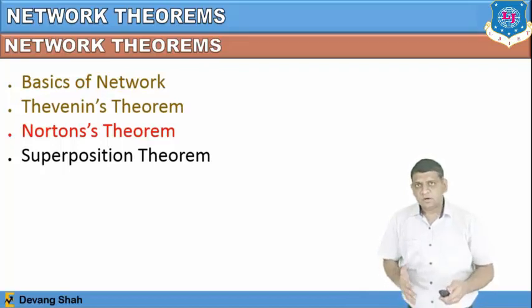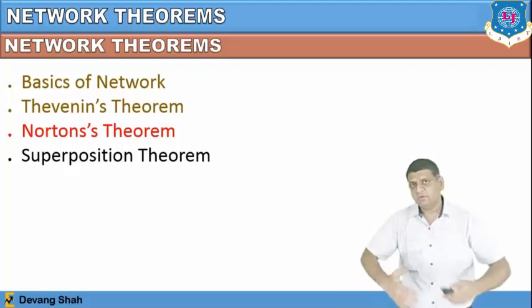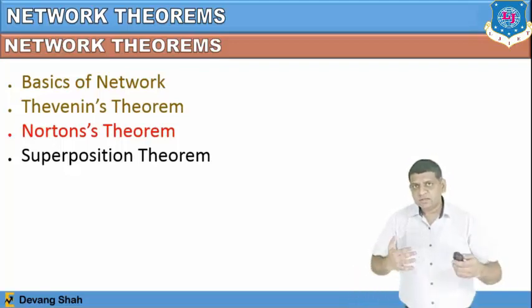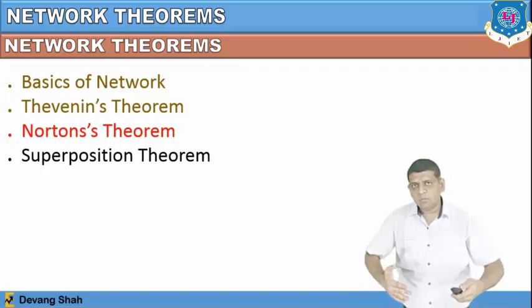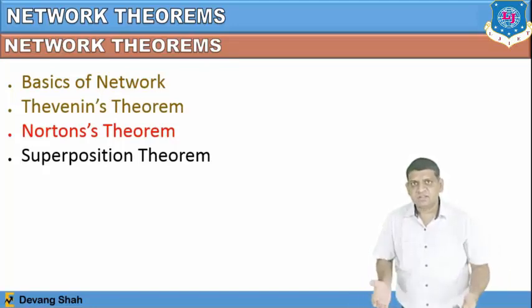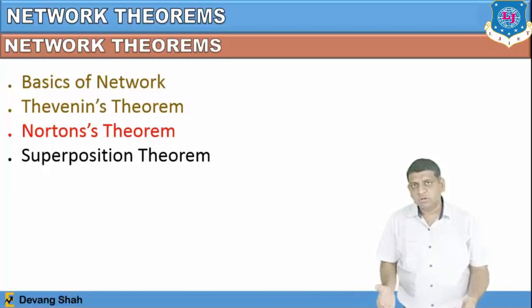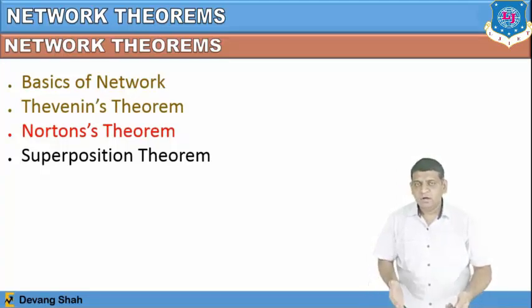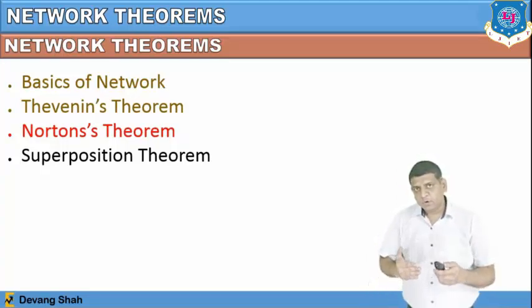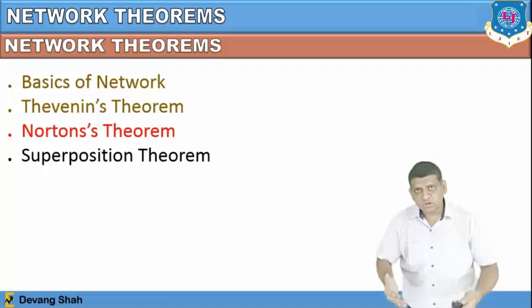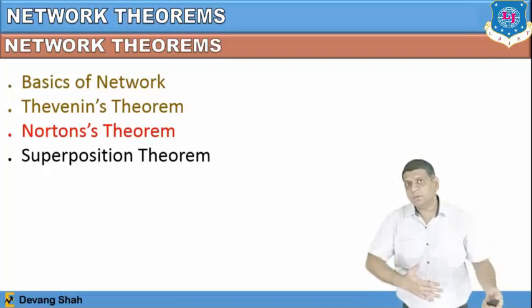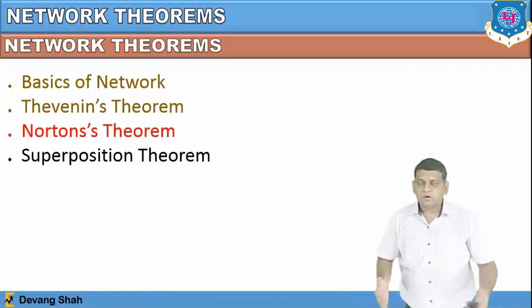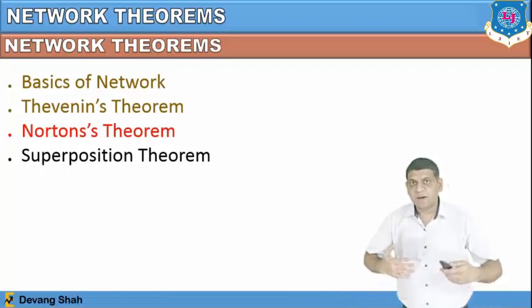Why are we learning these theorems? Once we design a circuit, we have to analyze it. Let's say many resistors are connected in a circuit along with various kinds of voltage sources and current sources, dependent and independent. If, for a particular resistance, we want to find the voltage drop or the current passing through it, we can find it using various methods.